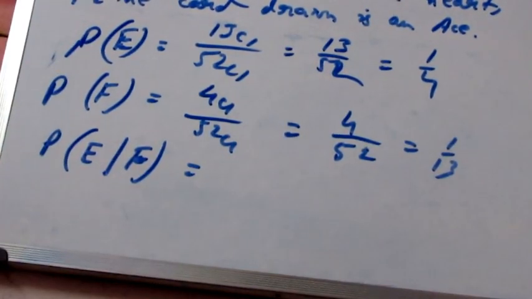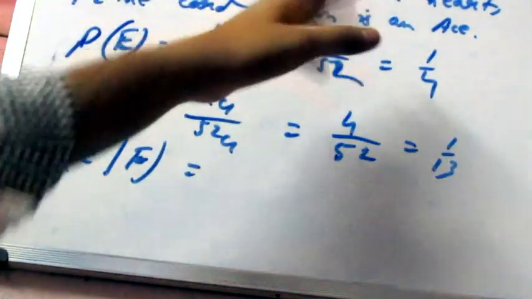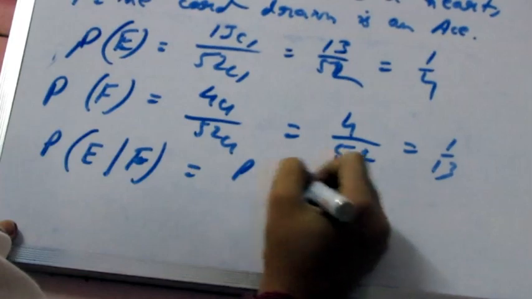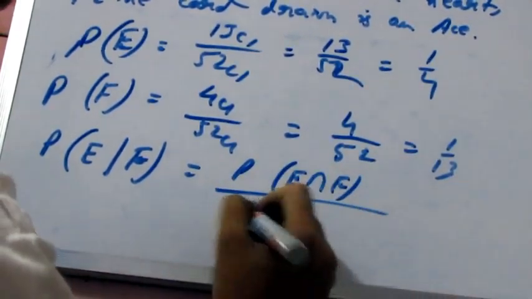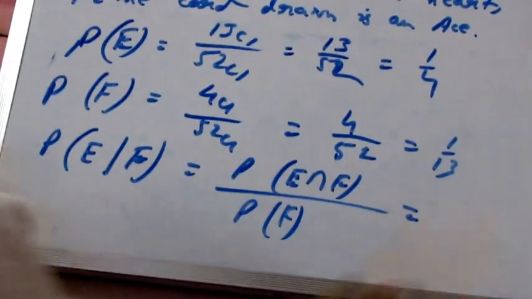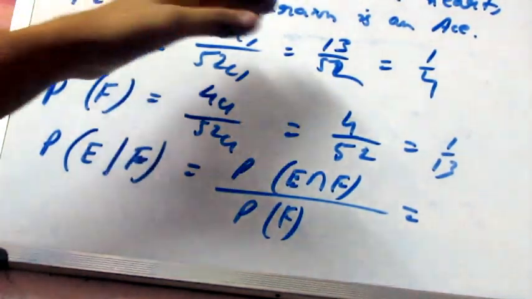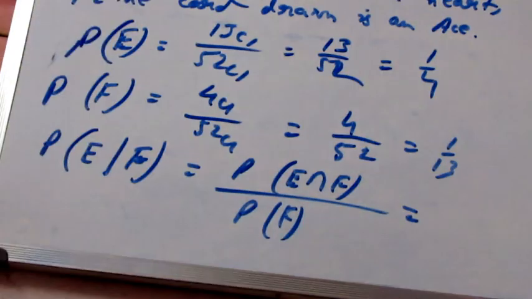Probability of E given F means we have to choose one heart, given that we have already chosen an ace. So it will be probability of E intersection F divided by probability of F. So probability of E intersection F means we have to choose one ace from the hearts. That means there is only one ace of hearts.